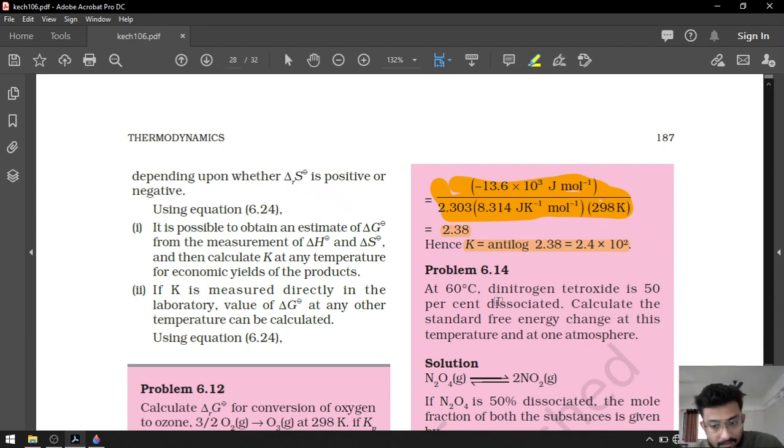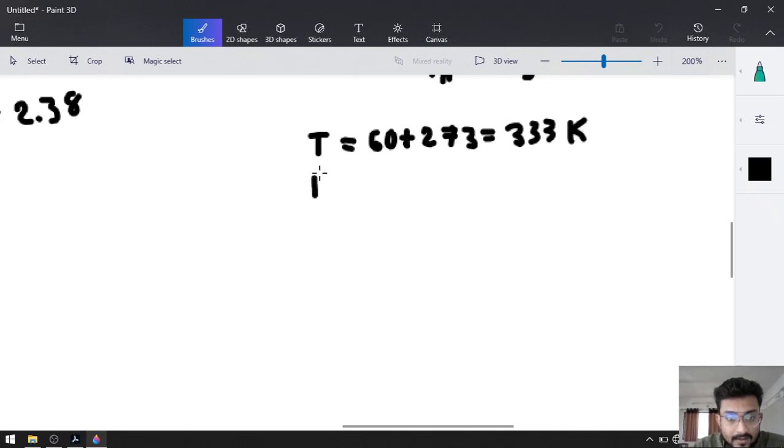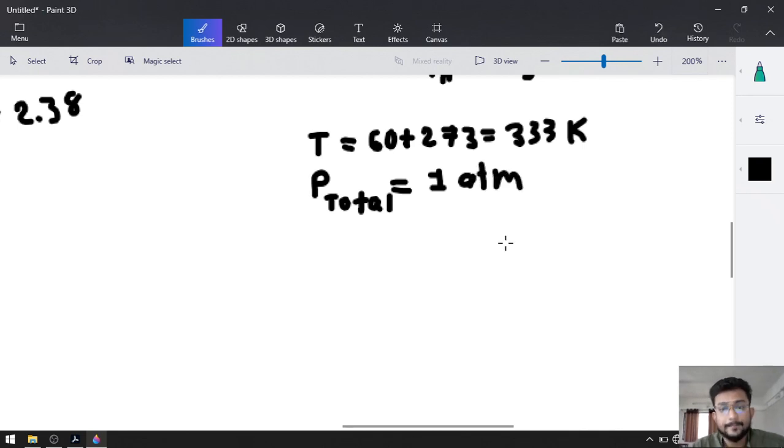So the reaction has been given, N2O4 converted into NO2, 50% at equilibrium. Calculate the standard free energy change at this temperature and 1 atmospheric pressure. So the equilibrium pressure means total pressure has been given, P total is equal to 1 atm. They want the answer delta G naught, and for delta G naught we have to calculate Kp.